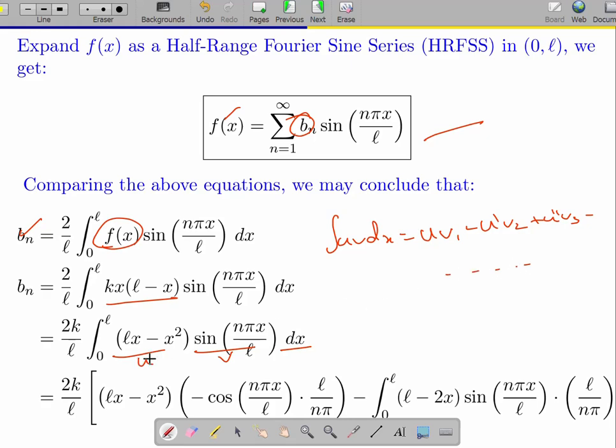Here u, u dash, u double dash, u triple dash are the differentiations. v1, v2, v3 are the integrations. The integration of v is v1, similarly the integration of v1 is v2, and so on. After we find v1, v2, v3, u1, u2, u3, we replace them here.